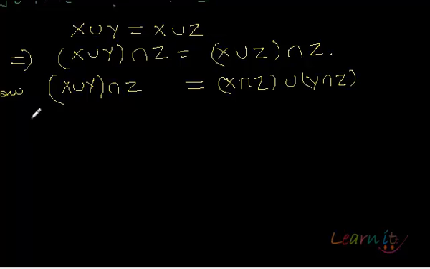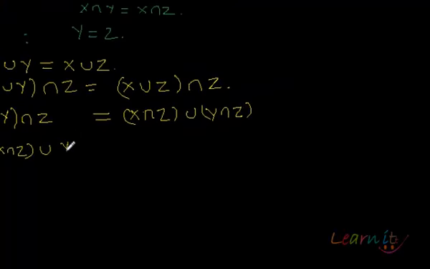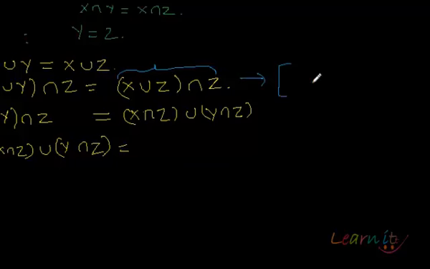Okay, so we have, this implies X intersection Z union Y intersection Z equals, now this part, this actually equals (X union Z) intersection Z, which actually equals Z itself.